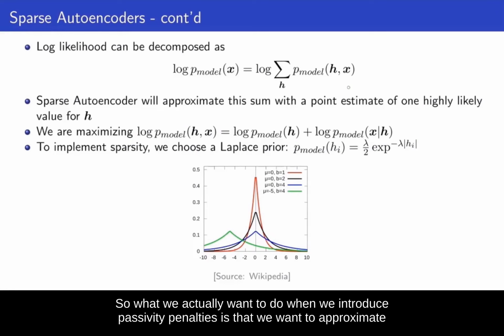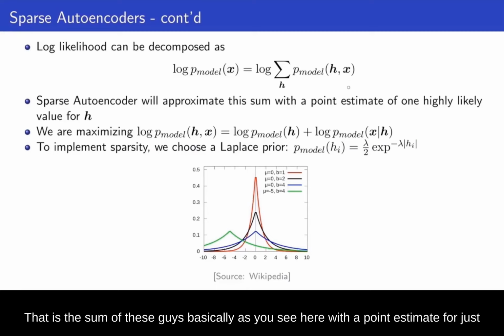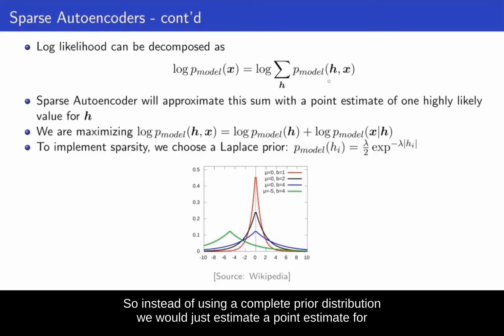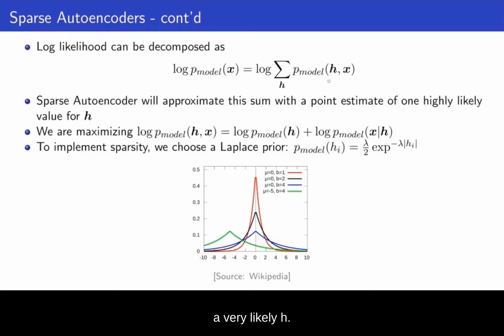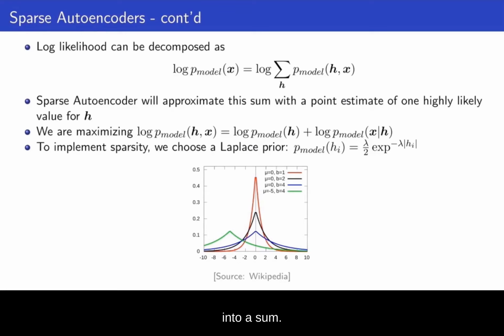So what we actually want to do when we introduce sparsity penalties is that we want to approximate this particular sum with a point estimate for just one highly likely value of H. So instead of using a complete prior distribution, we would just estimate a point estimate for a very likely H. So we are maximizing this probability of H and X, and we can then just convert this product into a sum.